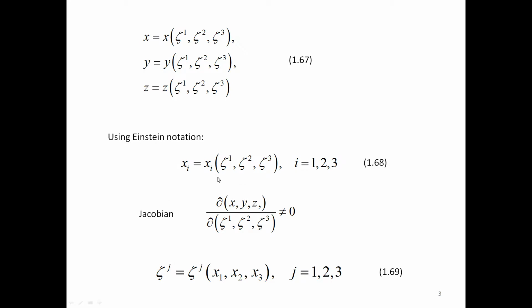So, if the Jacobian is non-zero, then we have the following expression. Theta can be expressed by x1, x2, x3.